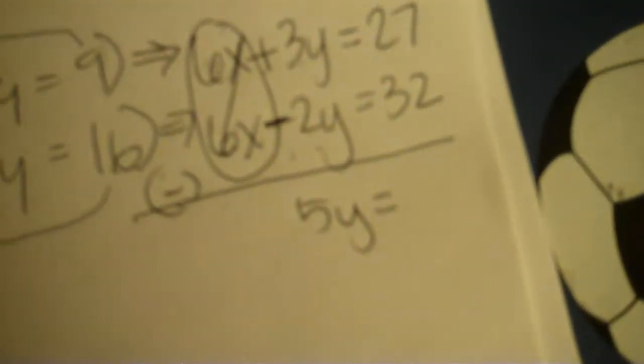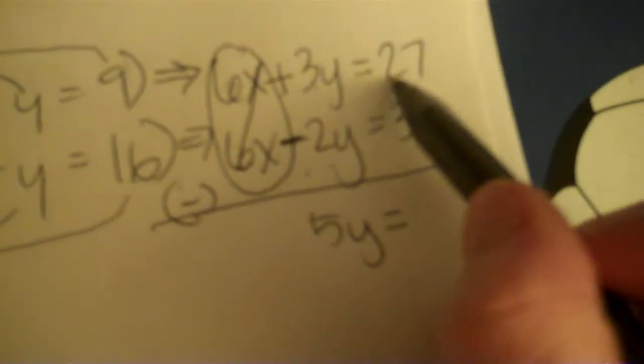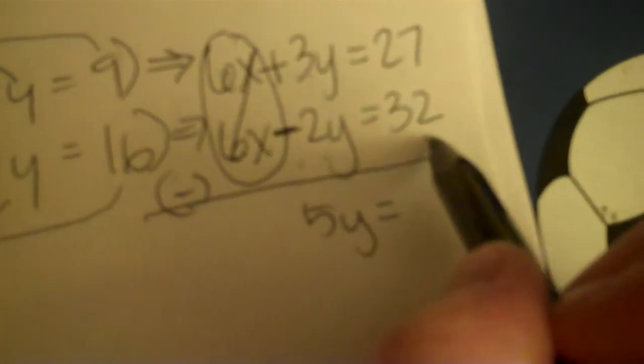My line kind of went over it, but it's a negative 2. So positive 3 minus negative 2, that's going to give me 5y. And then last we have 27 minus 32, which gives me negative 5. So now I divide both sides by 5, and I get y equals negative 1.